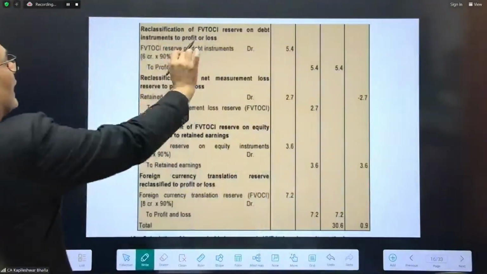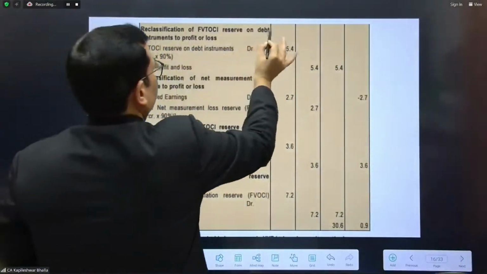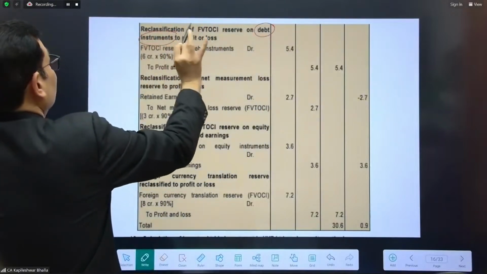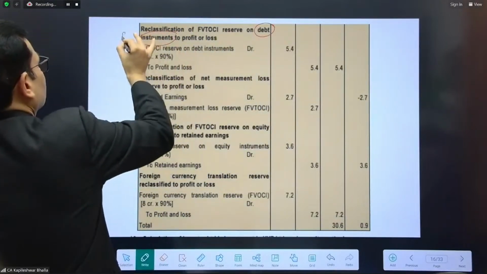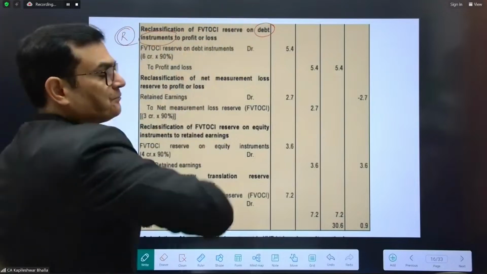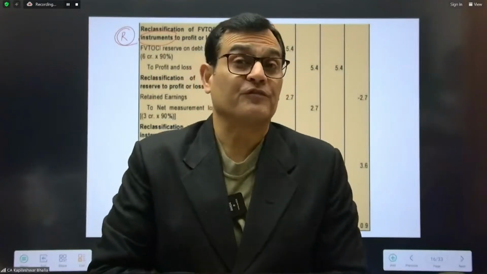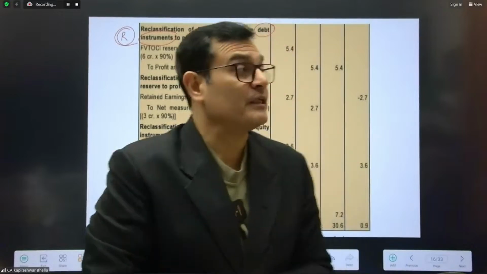Number 1, I was given the debt instruments which are classified as FVTOCI, and it is a case of recycling. If it is a case of recycling, the accumulated balances which are there in the OCI, we are going to shift that amount to the profit and loss account.